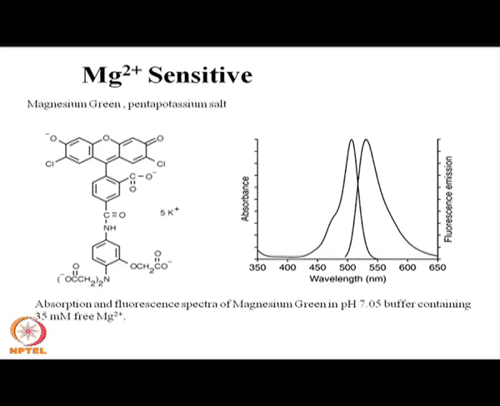The important point that we should think about is that in some cases there may be interference. But if there is no such interference, or the interfering ions are present in a lower concentration, then this magnesium green, the magnesium 2 plus sensitive dye, can be a very useful thing.